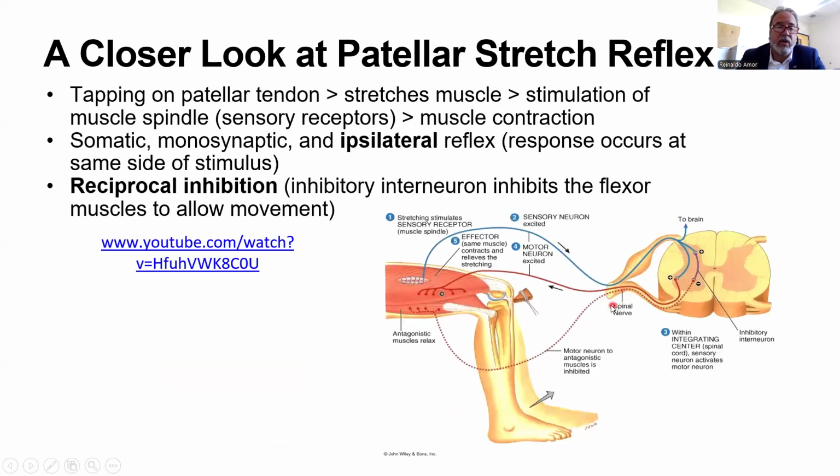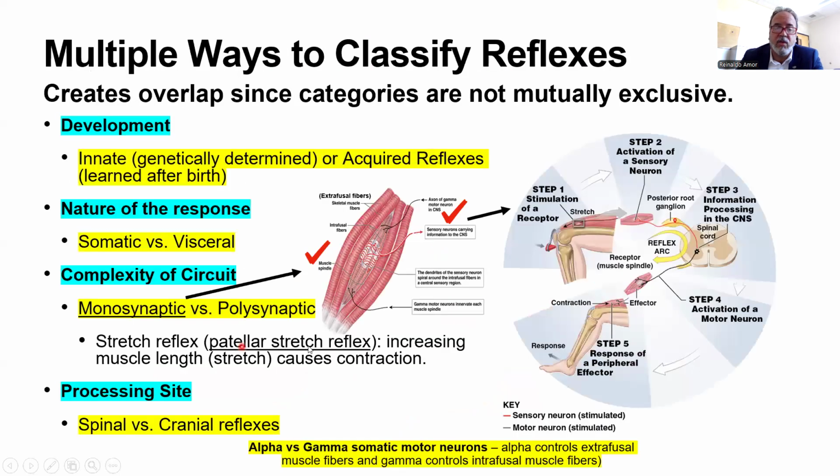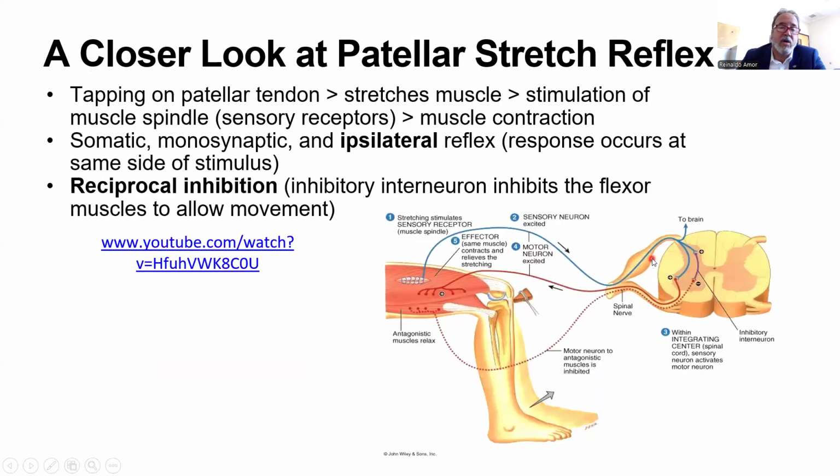We have also, let's see, basically this is taking a closer look at the patellar reflex, okay? So we're talking about this one here, taking a closer look, so you can have a better understanding of the patellar reflex, because that's the one, of the stretch reflexes, that they take for demonstration. That's the one that they show the most.